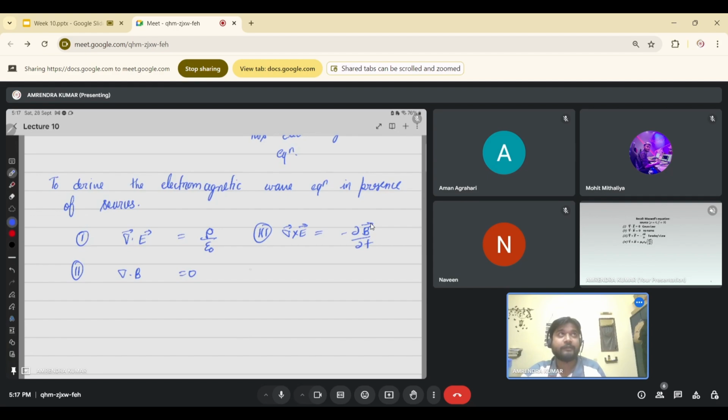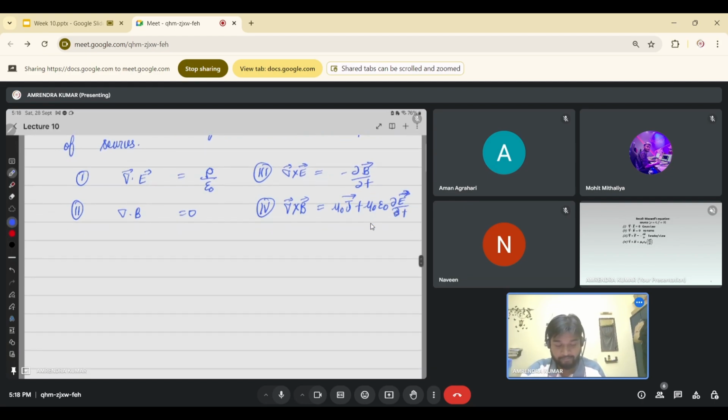And equation 4 is del cross B is equal to mu 0 J plus mu 0 epsilon 0 del E over del t. This is all that we have.